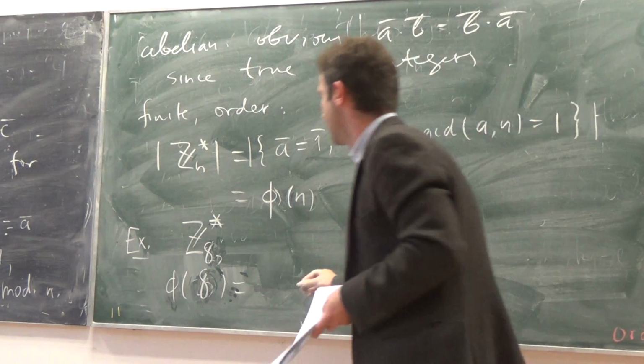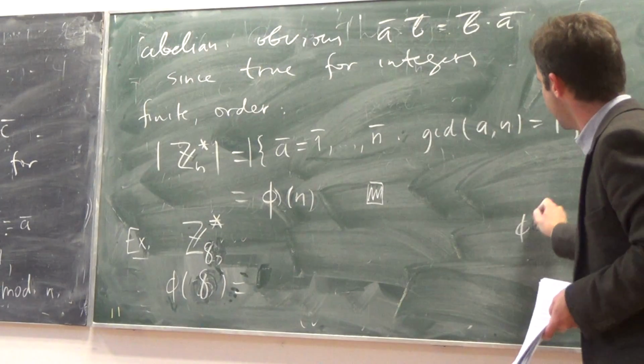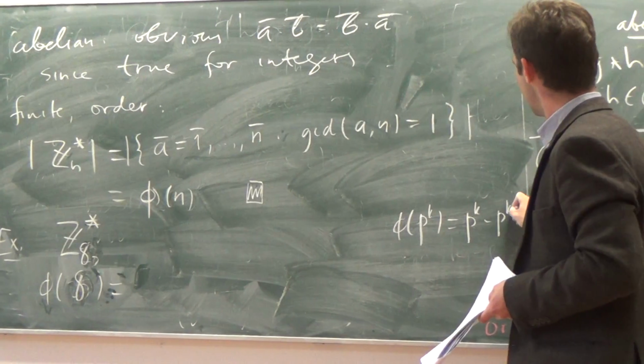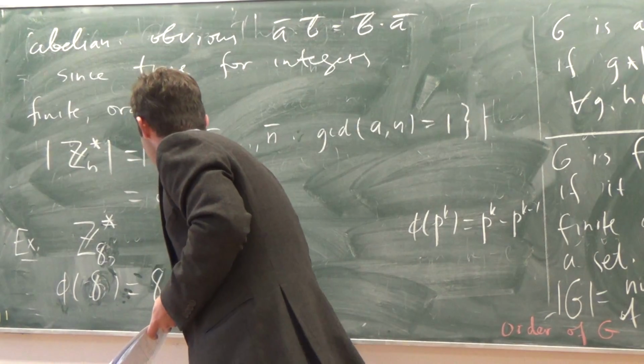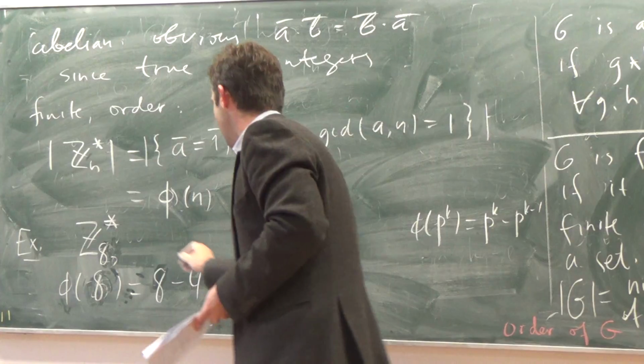So phi of 8, according to one of the properties of the phi function, I need to take p to the k minus the previous power. So it's 8 minus 4, which is 4.